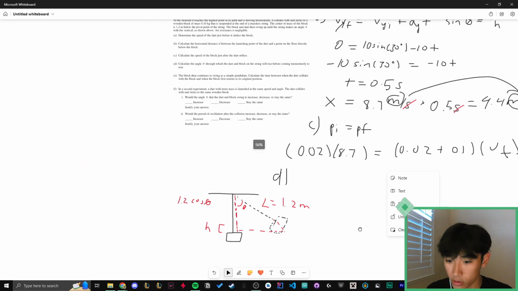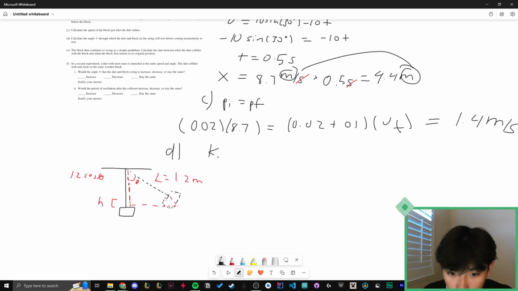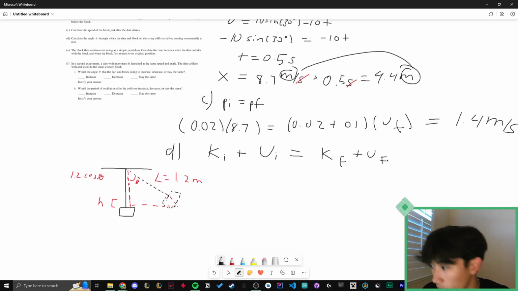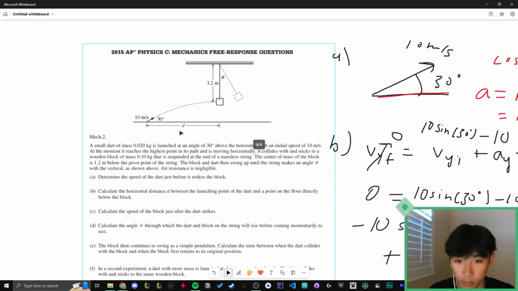So first, let me write out the energy, right? So we're going to have the kinetic energy initial plus the potential energy initial, and then this is going to be the finals of them. This is the finals of them, and notice how the dart has no potential energy, right?